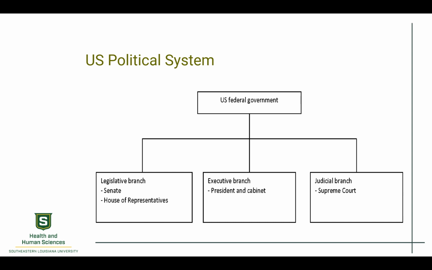Then you have the executive branch, where the president and the cabinet stay, and then you have the judicial branch that constitutes the Supreme Court. So, policy making at the federal level focuses a lot on this political system that I've just put forward. It's a little bit different when you start going into state policy making.